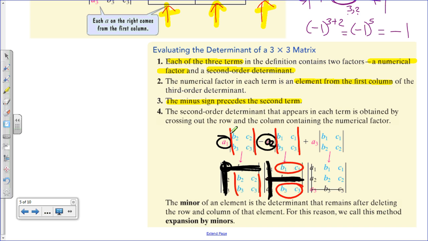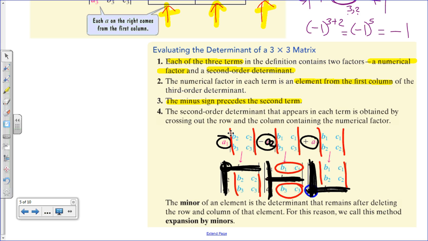And lastly, if you decide to use a sub 3 as your next numerical factor, like we see here, then you cross out the column where a sub 3 is located and the row where a sub 3 is located. And then your 2 by 2 matrix will come from here. And that's what you see listed here.